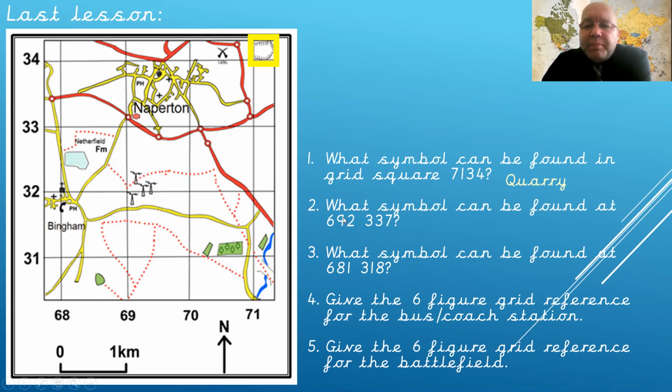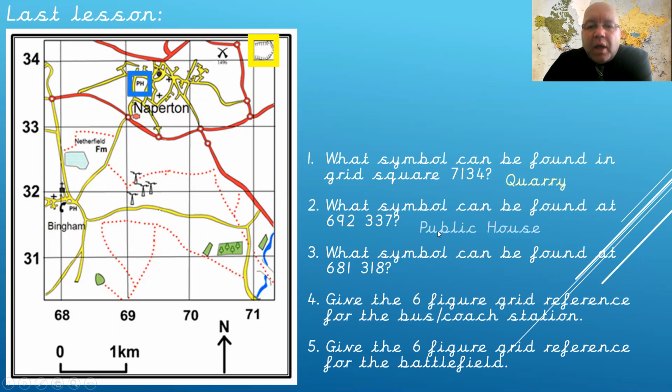Question 2, what symbol can be found at 692337? Well, 69 is there and 2 is just a little bit past there. So we're somewhere on this line here, and we're going to go up to 337. Well, there's 33. That's about 335. 337 is this symbol here.